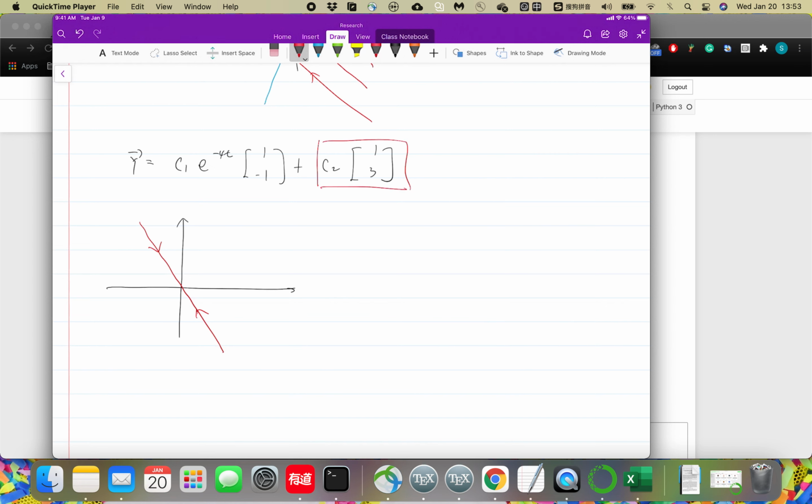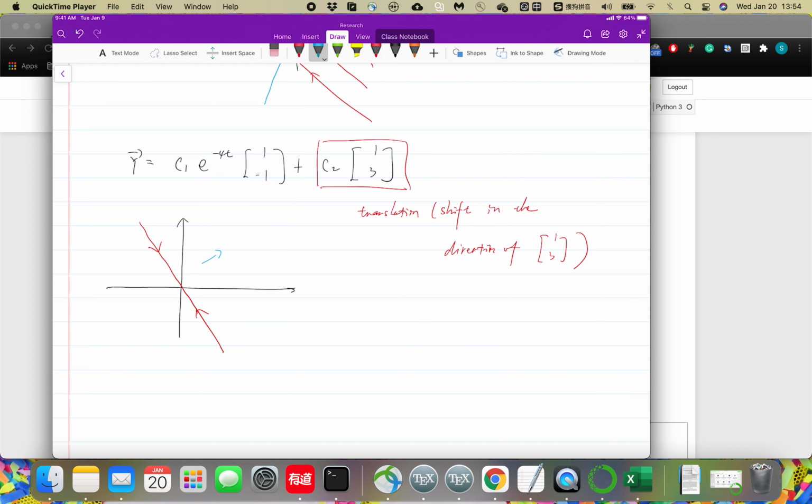And for a vector, when you say plus a constant, this basically means a translation, or equivalently a shift, in the direction of 1, 3. So you take this line which passes through 0, 0, and shift it towards this direction by a constant. You shift the whole line. There's no trend along the blue direction, you just shift the whole line.